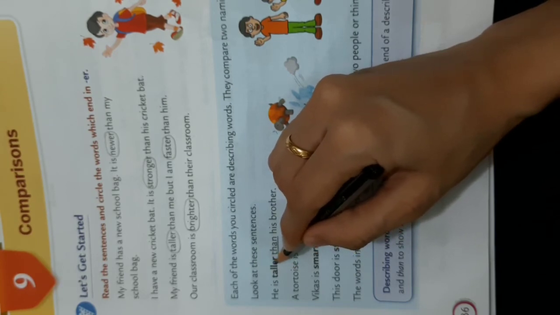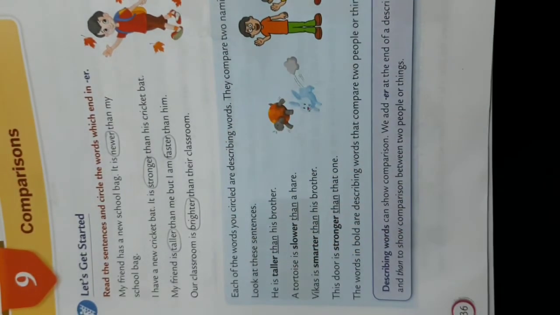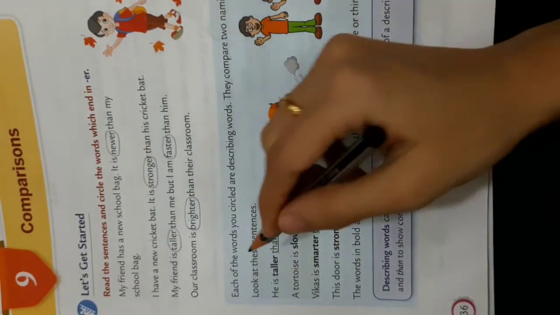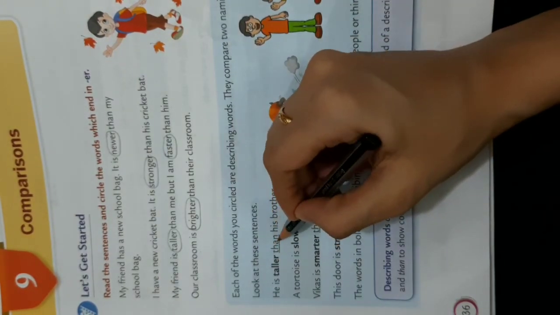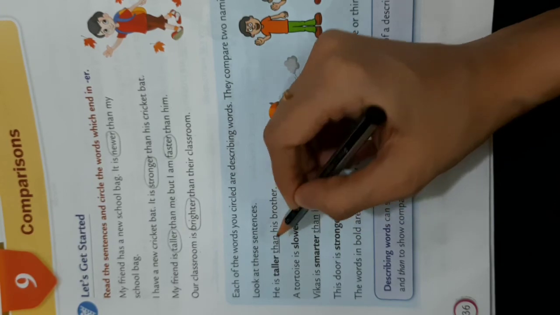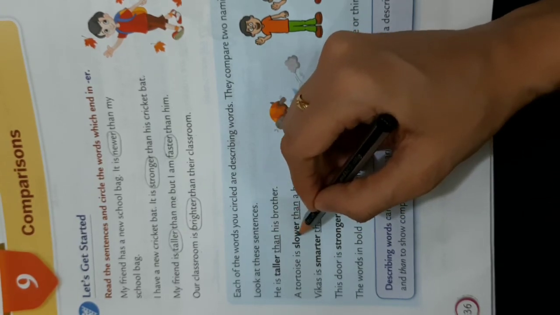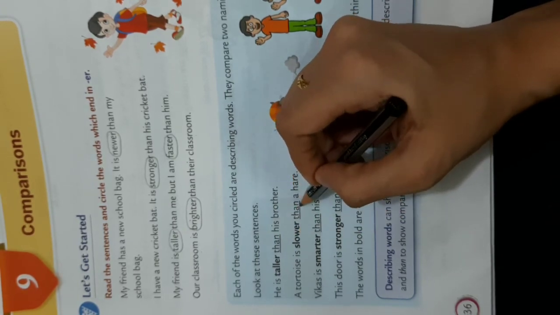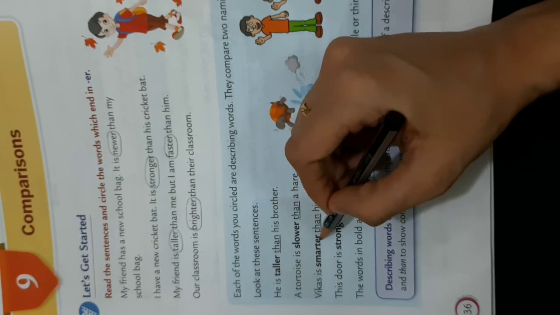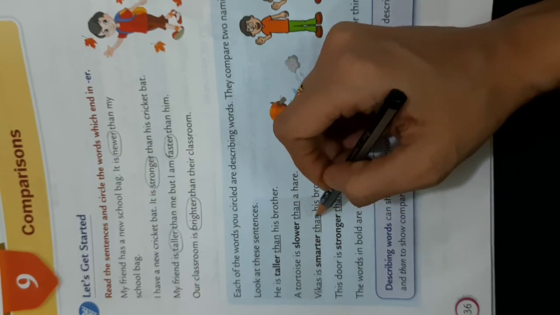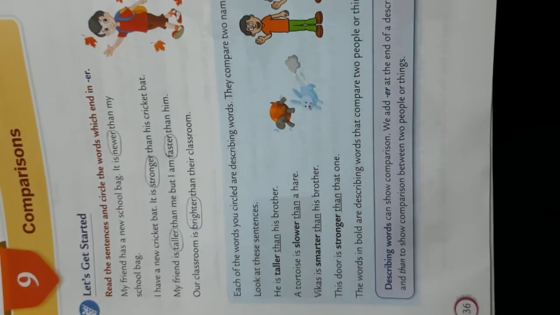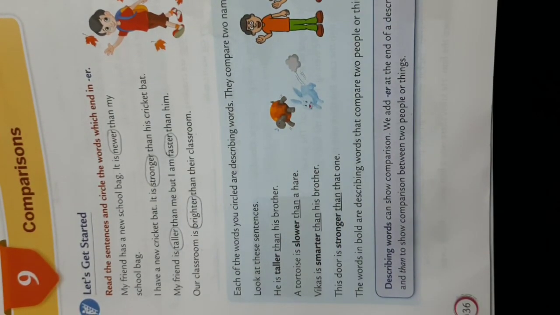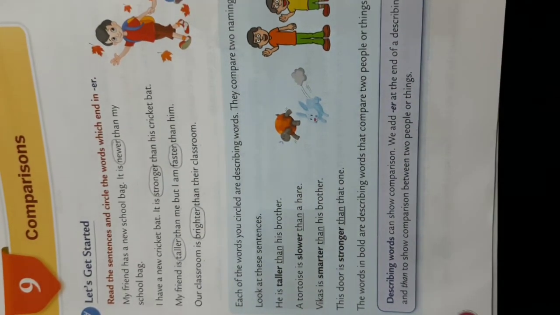So how it is used for comparison? By adding ER and than. Okay, again ER is added to slow and than is added. So everywhere ER and than is added to show comparison between two people or things.